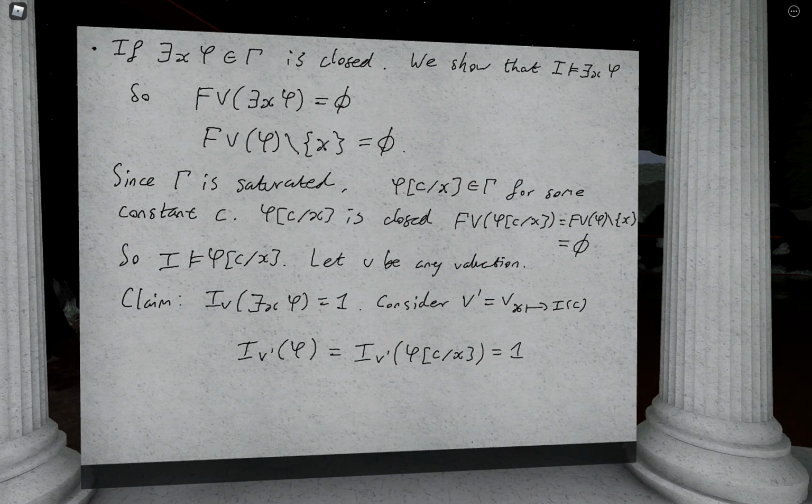Let me just read why. Yeah, okay, this is equal to 1 because we know I makes phi with C for X true by the inductive hypothesis.